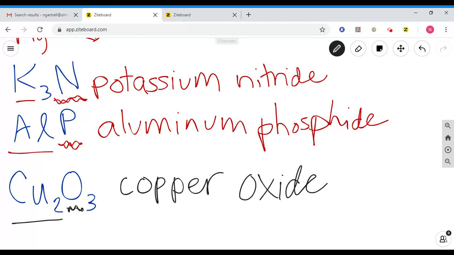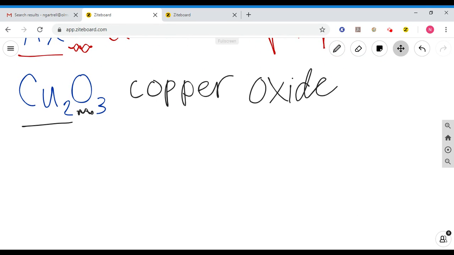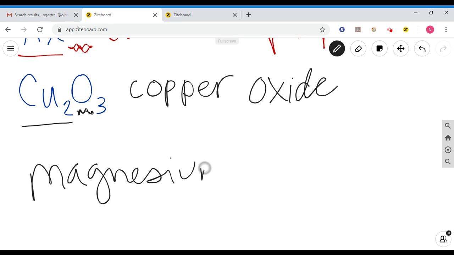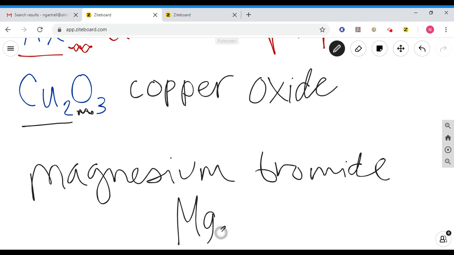So what you should be able to do is identify how people wrote formulas incorrectly, in addition to naming. So if I told you that a formula was supposed to be magnesium bromide, and someone wrote the formula as Mg2Br, you should be able to identify what they did wrong in the problem.